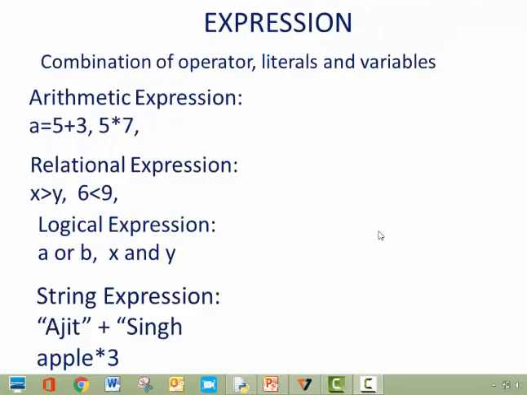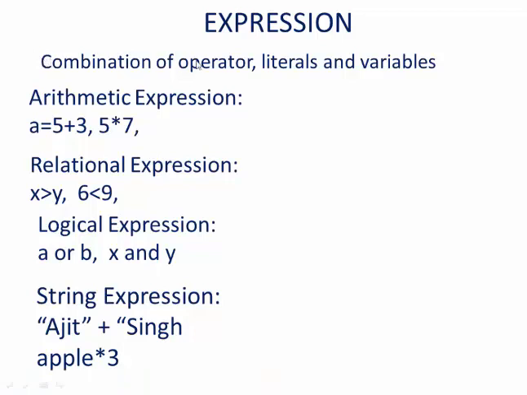Now we are going to learn about the different types of expressions. Expressions are a combination of operators, literals and variables. An arithmetic expression involves arithmetic operators and operands. A relational expression has relational operators.